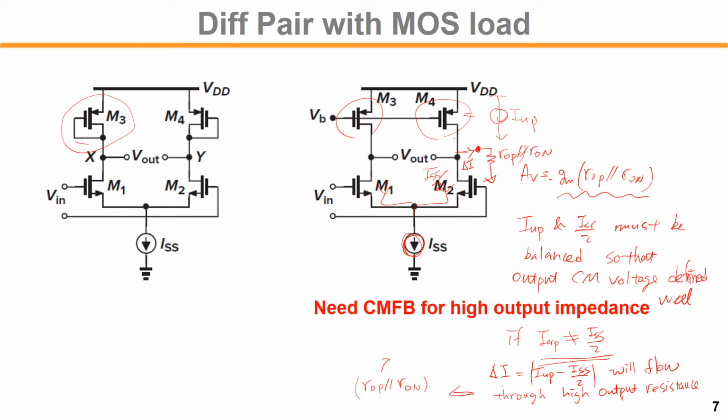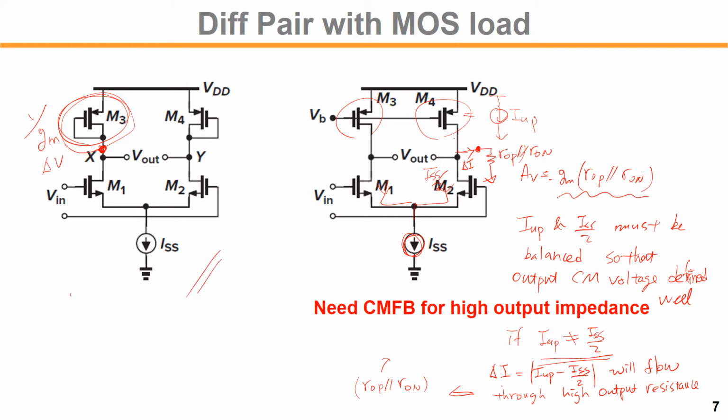But with a diode connected load, the impedance is very low, 1 over Gm. Even with a small current variation or mismatch, the voltage variation we see would be very small. So typically a low impedance load with a low gain amplifier is easy to bias.